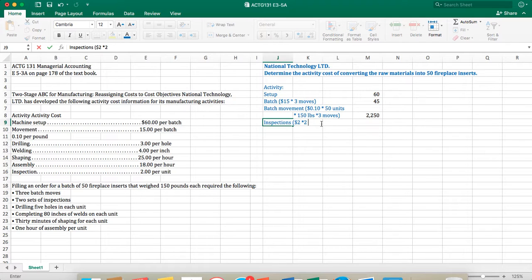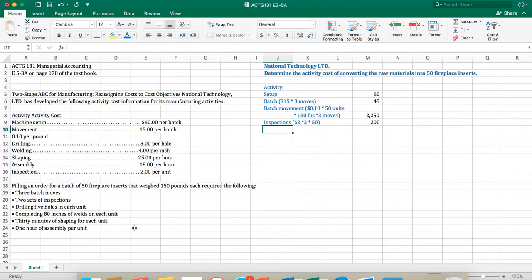And then multiply that by the 50 fireplace inserts. So here we go. $2 multiplied by each batch requiring 2 sets of inspections, multiplying that by the 50 units. I'm going to put it in parentheses. So $200. So we have our inspection.